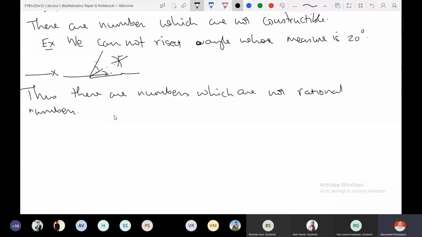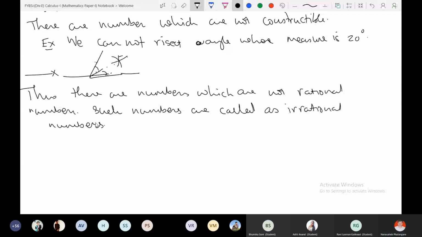Such numbers are called irrational numbers. And then people realized that there are numbers which are not rationals, right?